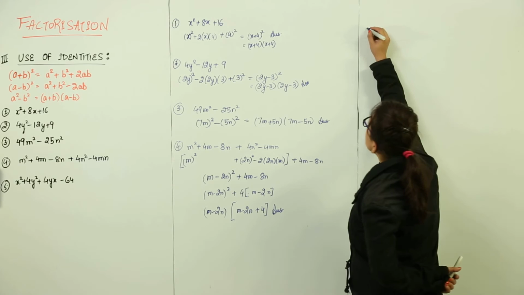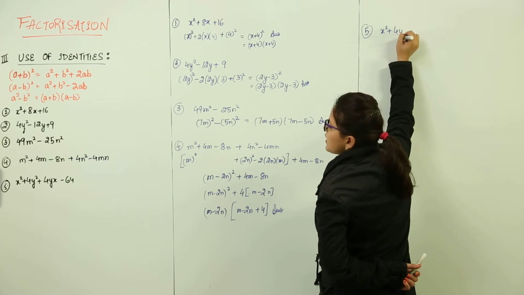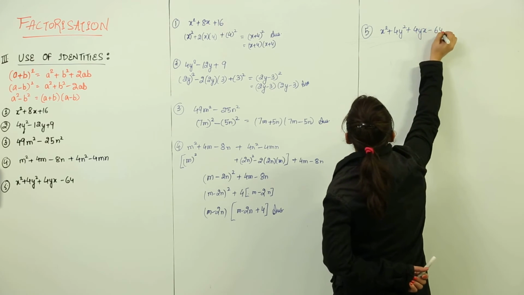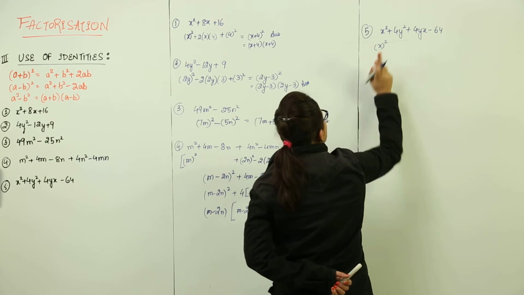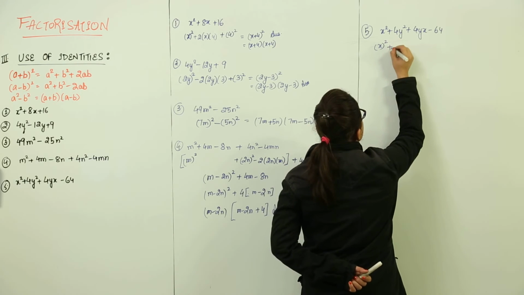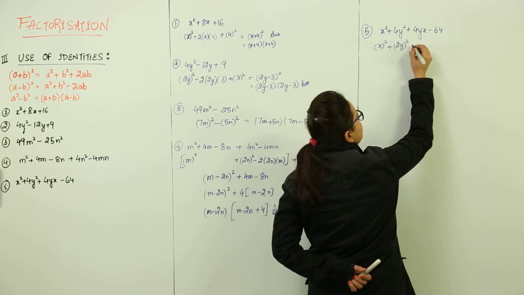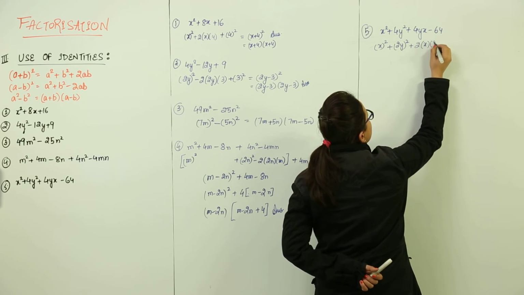The last question is the fifth question, which says x square plus 4y square plus 4xy minus 64. Let us check by doing the same thing. I can write x square as x whole square. I can write 4y square also in the whole square form, as (2y) whole square. Now the third term would automatically be 2 into x into 2y.